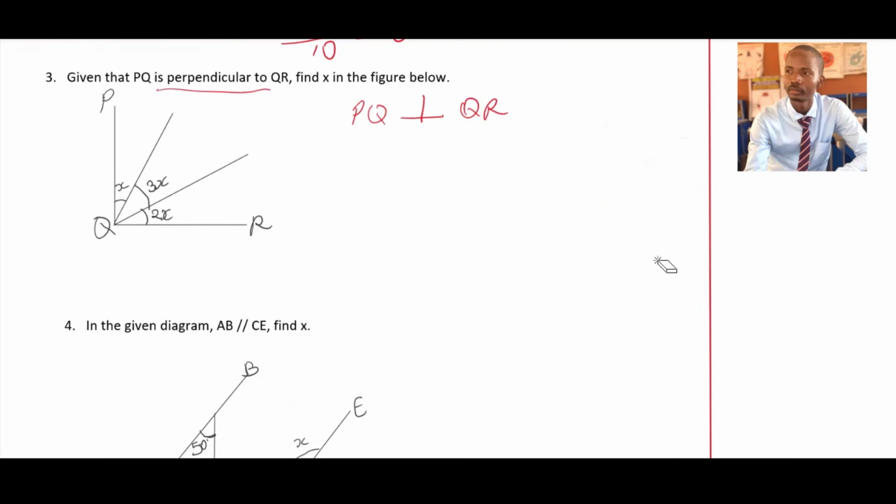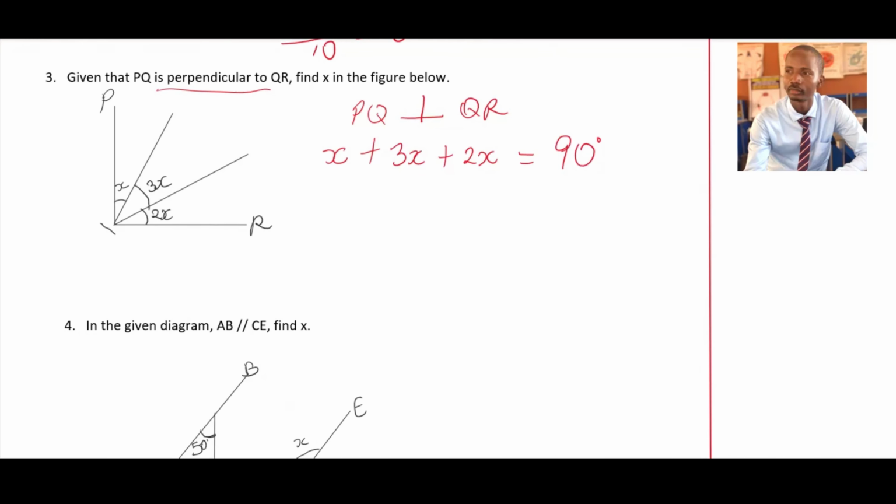So if PQ is perpendicular to QR, it means it forms 90 degrees. And what that means is that all of these angles should sum up to 90 degrees. So in that case, we have x, oh sorry, this is 3x. So we have x plus 3x plus 2x, and it should be equal to 90 degrees.